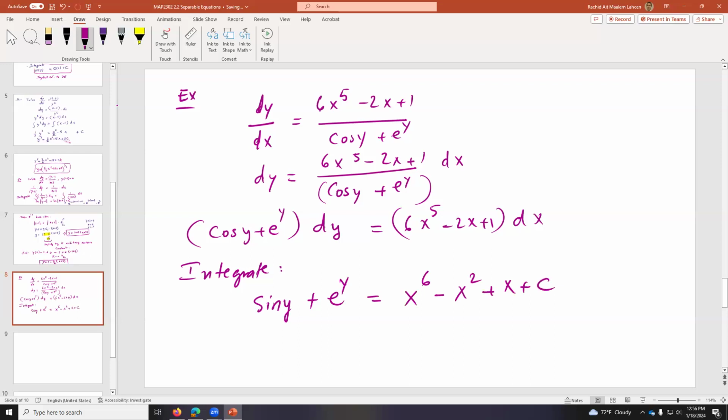All right, so as you see here, this is an implicit form, and we kind of reach an impasse here. We would like to have a solution with y explicitly, but we cannot at this point.